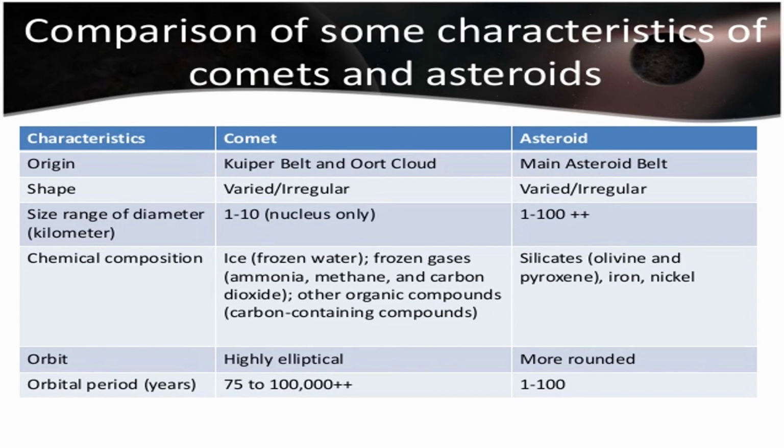How about the years they take to orbit? For the comet, it is 75 to 100,000 years, and for the asteroids, it is only 1 to 100. So comets orbit a little bit longer than asteroids. These are their similarities and differences.